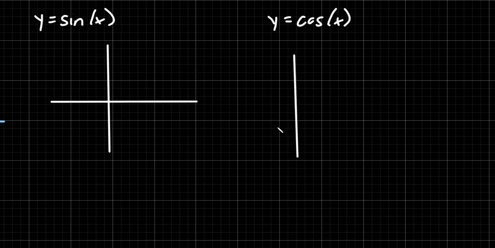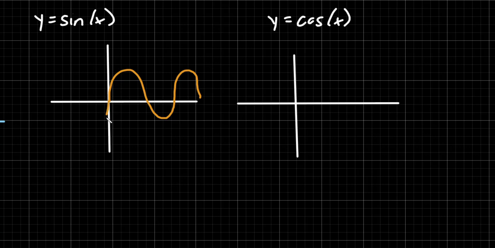Okay, what does sine look like? It starts from the origin, goes up, down, keeps going forever, also in the other direction. What is its max height? 1. What's its lowest? -1.